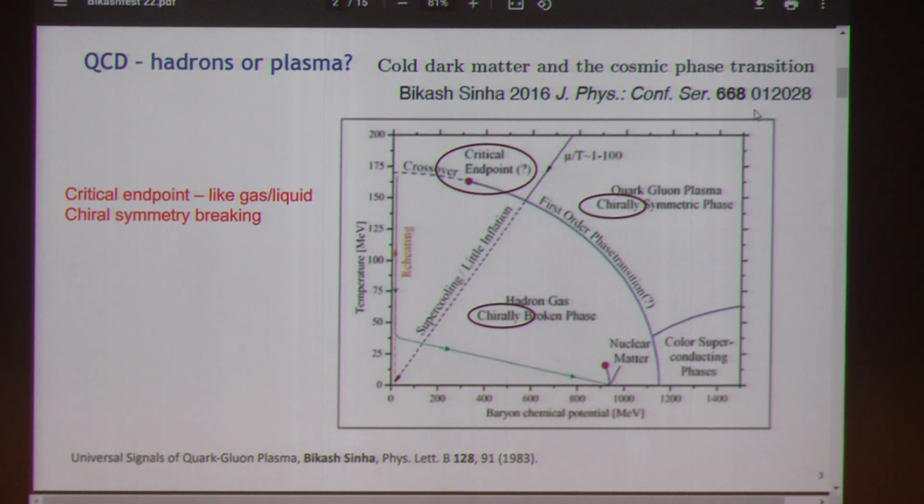And I'd also like to notice, again, these are my highlights and not my words, that one of these phases is chirally symmetric and one of these phases is chirally broken, loosely so. So that's a standard view, actually, of potentially causing phase transitions.